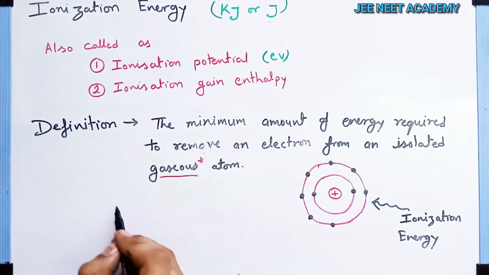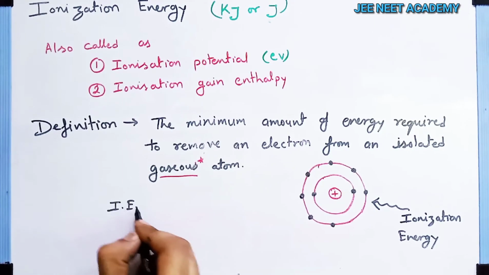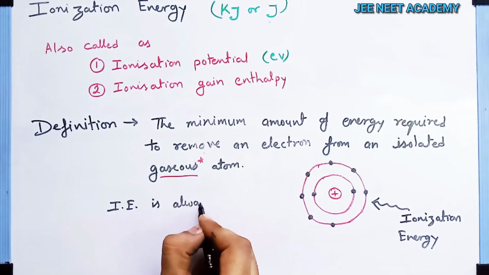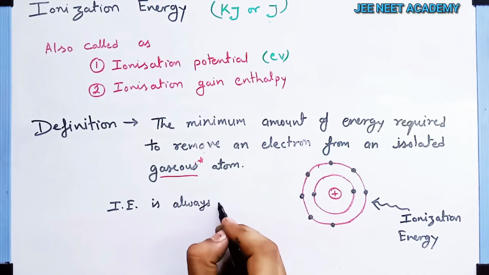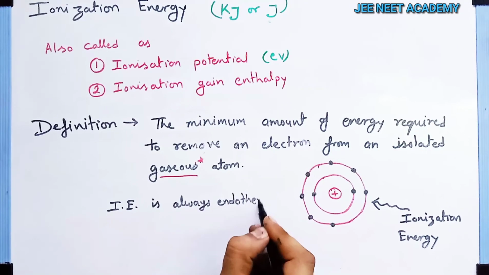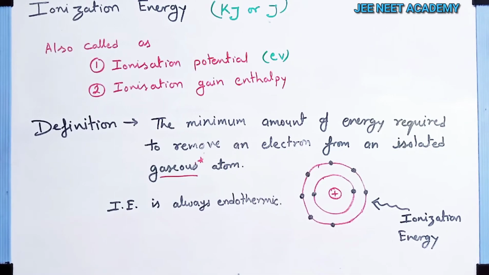Ionization energy is always endothermic. This is an important point, because we will see the difference with the electron affinity concept also.